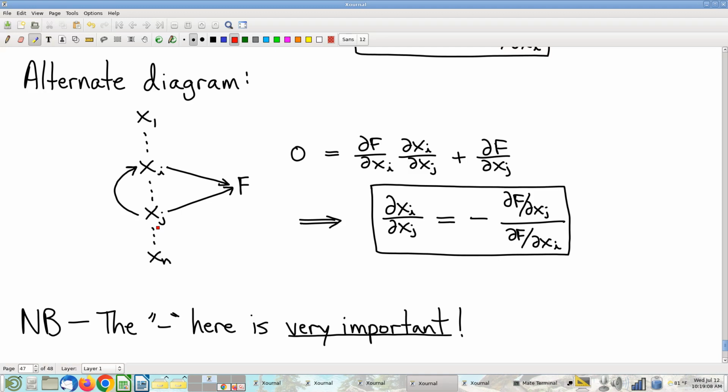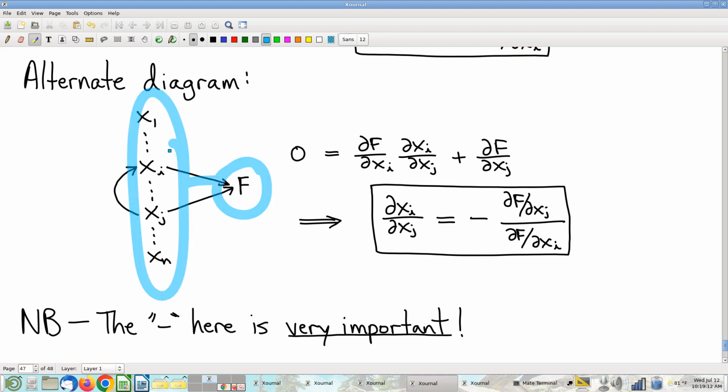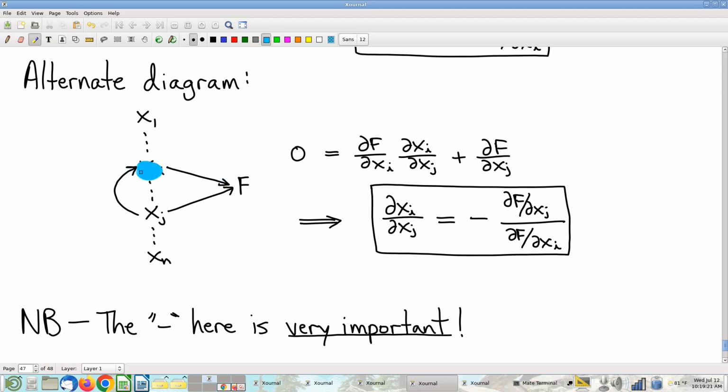Keep in mind, we started off with f being a function of all these other variables. We've got a method now for establishing under what circumstances I can view one of them as being a function of the others, not including itself, of course.